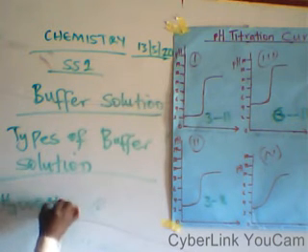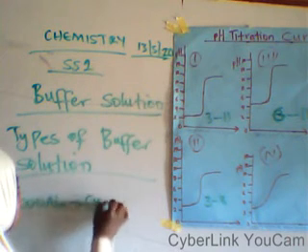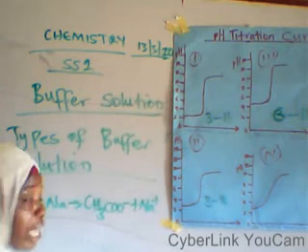When it ionizes in water, it is going to produce ethanoate ion and potassium ion.